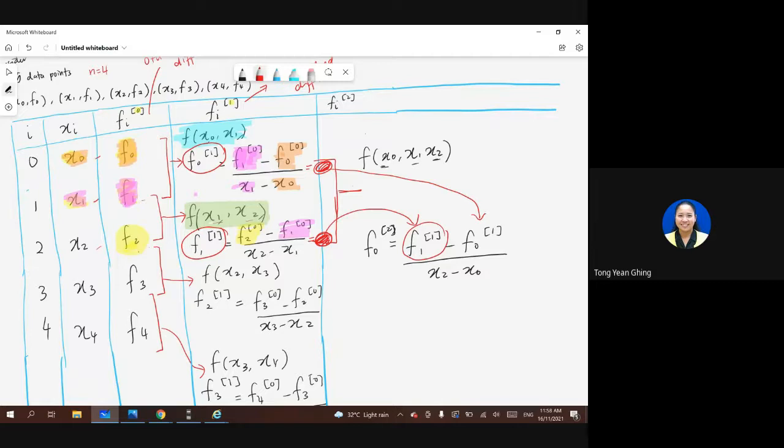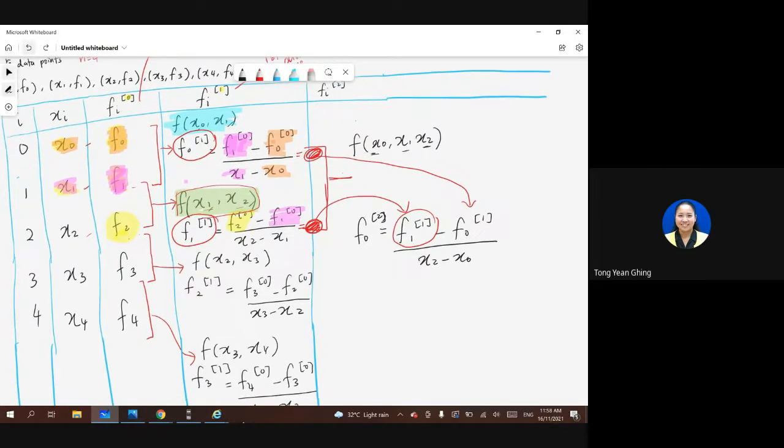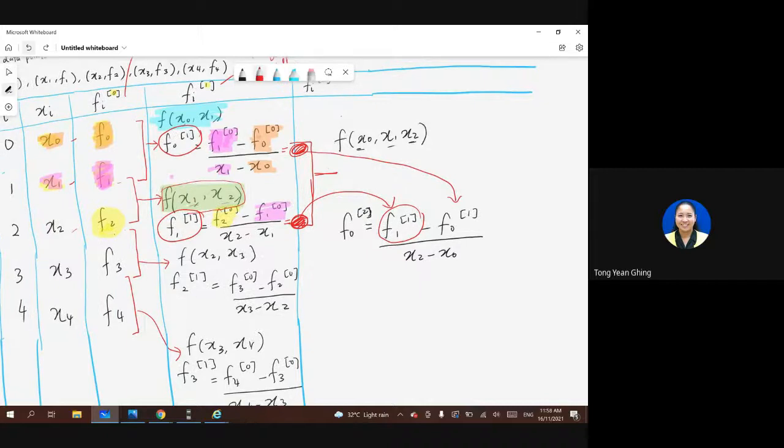Boleh faham tak macam ni? Oh, okay, got it. Okay, so actually just now I want to say this is a polynomial based on this one lah. Ini tak perlu. Okay, mungkin macam ni lagi faham. Ayo, saya lukis balik. Boleh tak? Sekejap, saya tulis balik.